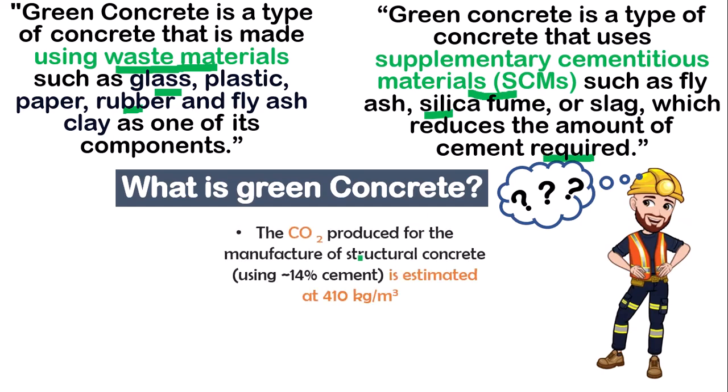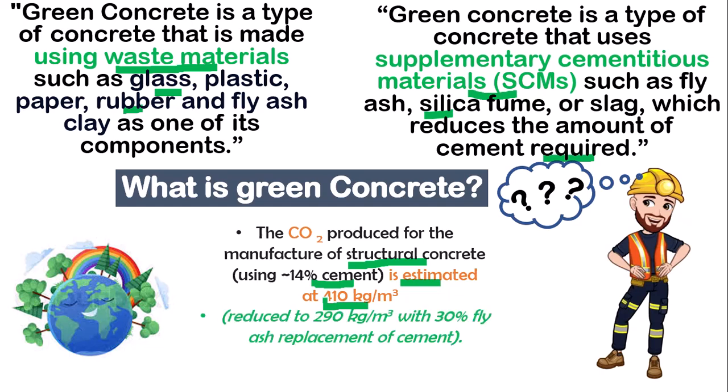The carbon dioxide produced for the manufacture of structural concrete using 14% cement is estimated at 410 kg per cubic meter, which is reduced to 290 kg per cubic meter with 30% fly ash replacement of cement. So what we will do to make a green concrete is to replace the cement, which is the major cause of carbon emission.